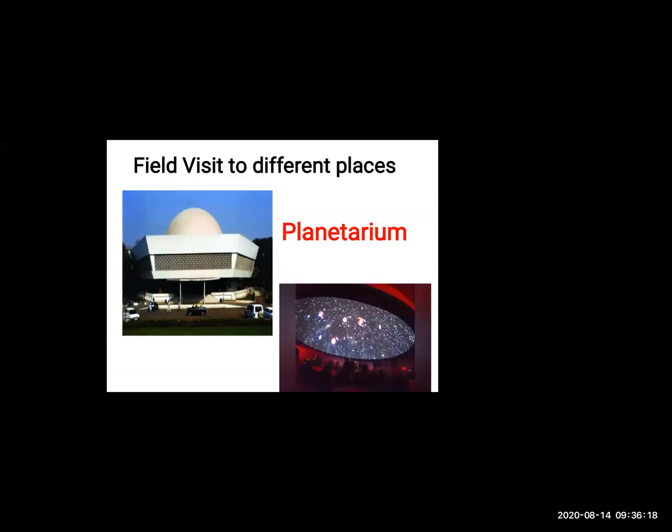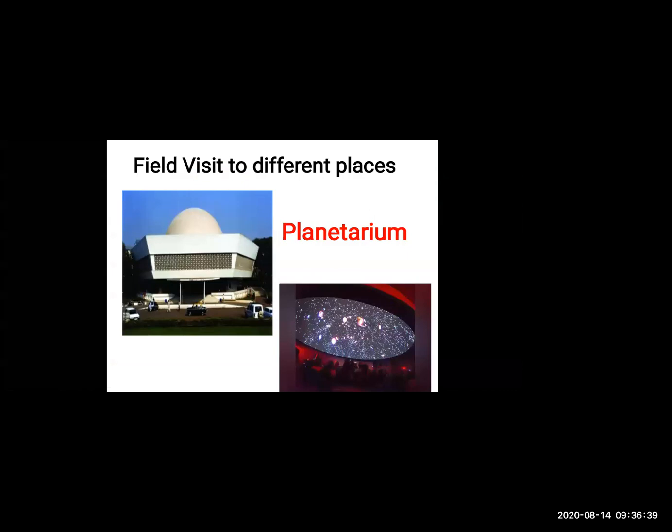For educational purposes, we can arrange field visits to different places. For example, the first place I have chosen here is the planetarium. I think you are familiar with the planetarium situated in Mumbai.